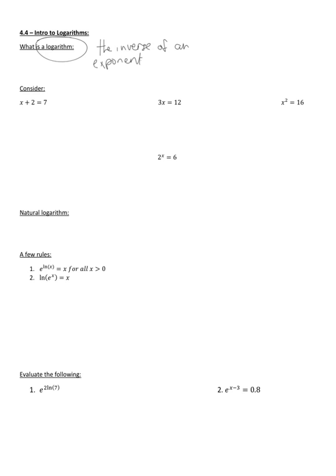If I told you x plus 2 equals 7, if I wanted to undo that plus 2, I would subtract 2, and we end up with a solution of x is equal to 5. Here, subtraction is the inverse of addition.